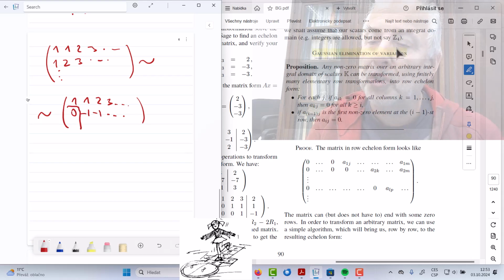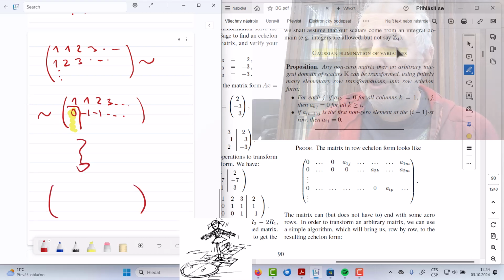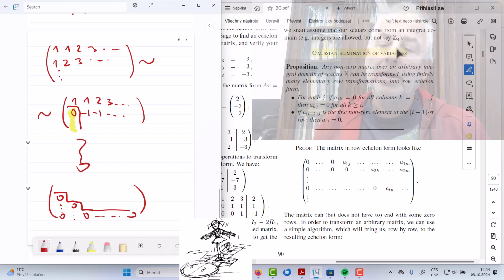I will do the same with all the other rows, and that will give me a column of zeros except for the very first one, and the first one is nice here, and it's called the pivot for the procedure. And this way we can simply go on, and finally we get what's called a row echelon form, which would be something like this, and here will be everywhere 0, right? Zeros, and maybe some last lines will be zeros too, right?